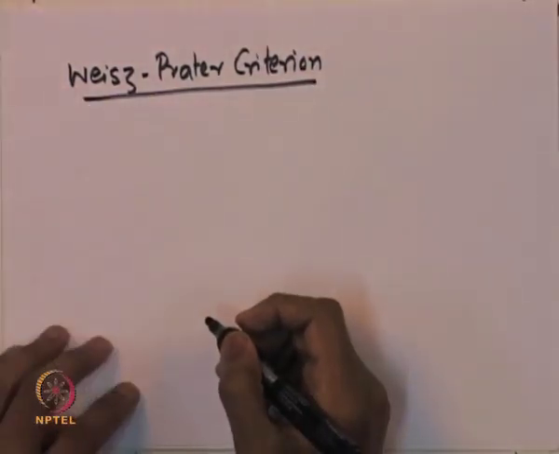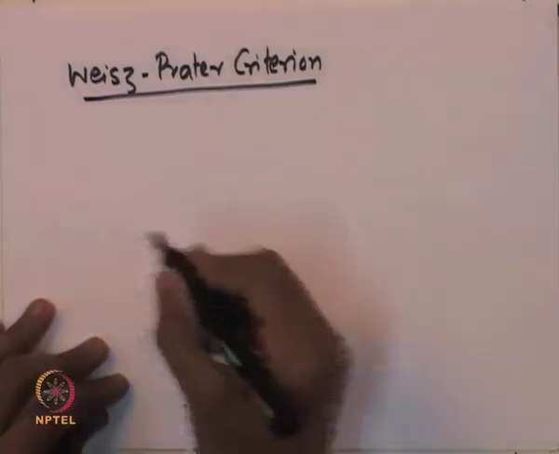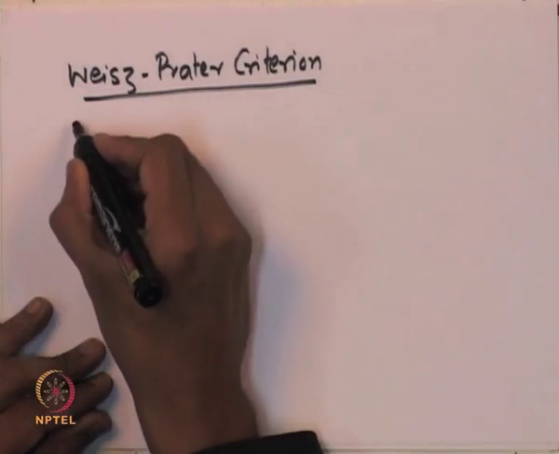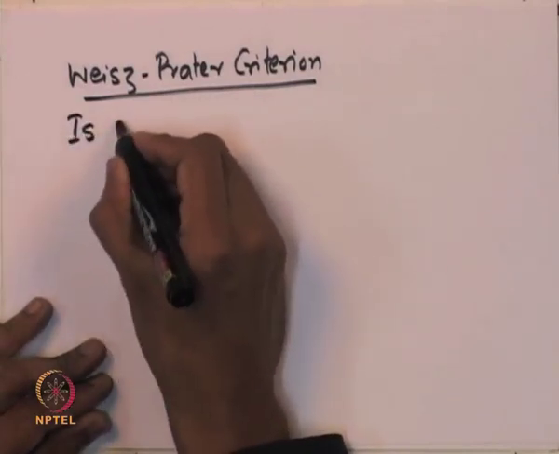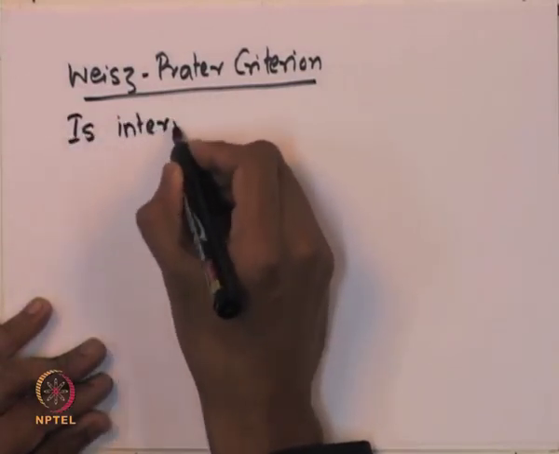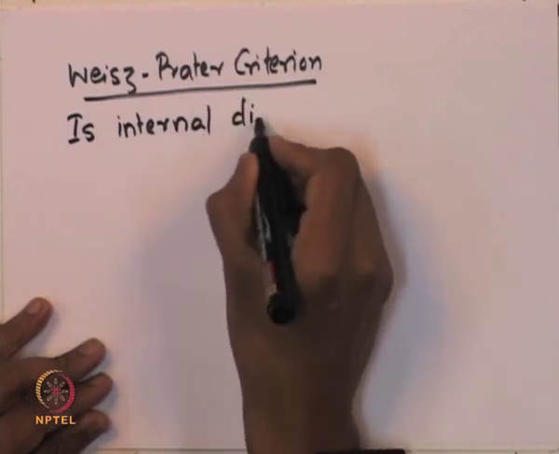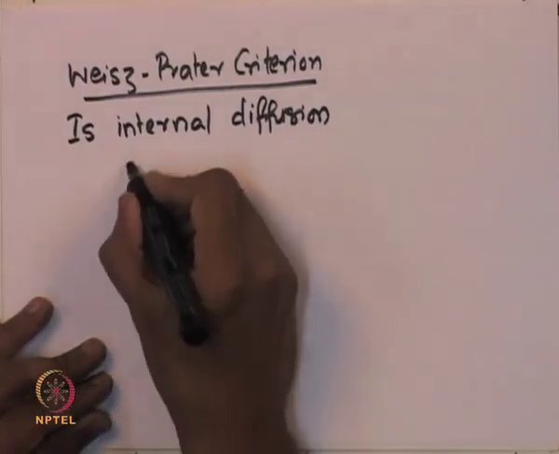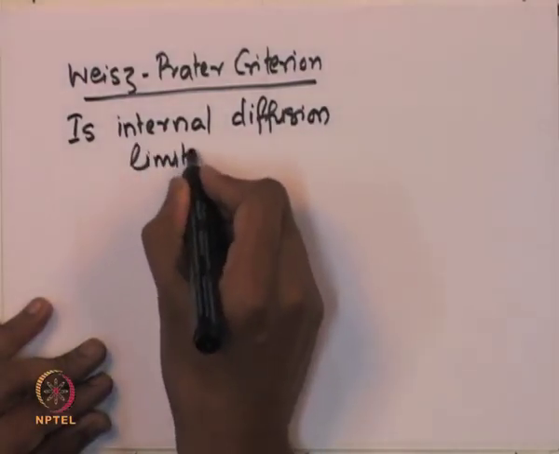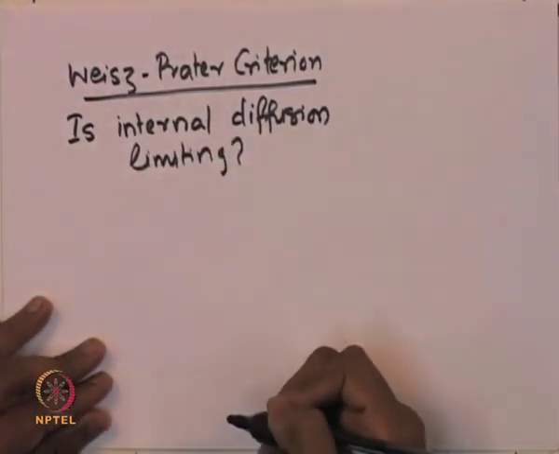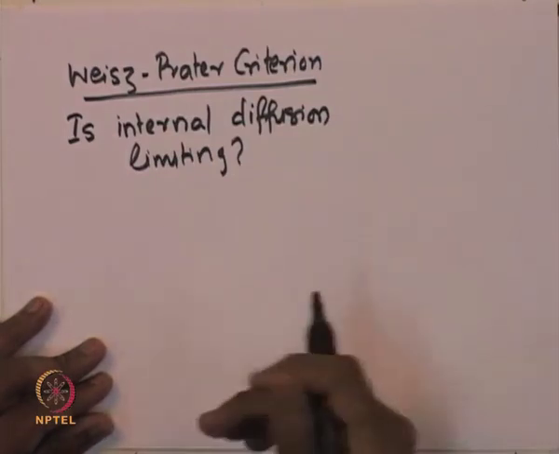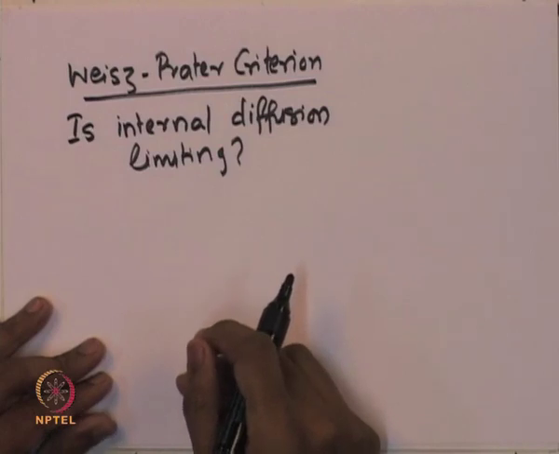So, we will start with the Weisz-Prater criterion, which is used to answer this question: is internal diffusion controlling, is internal diffusion limiting? Are the current conditions such that internal diffusion is limiting the actual performance of the heterogeneous catalytic reaction?